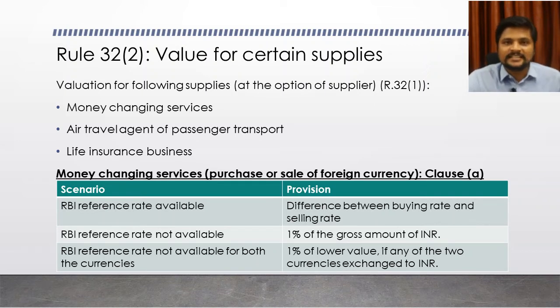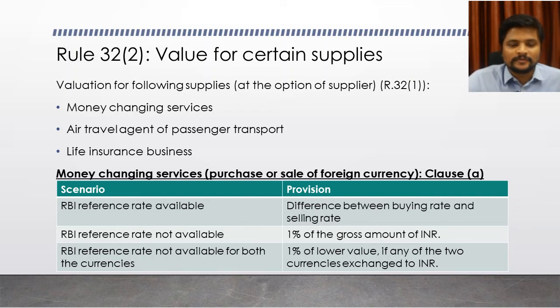One, money changing services, like a foreign exchange dealer or the authorized agent of foreign exchange. Those are called money changing services. Second type of service is an agent of an air travel ticket, that is, air travel agent for passenger transport. Third type of service is life insurance business. So these three types of services are dealt with under Rule 32.